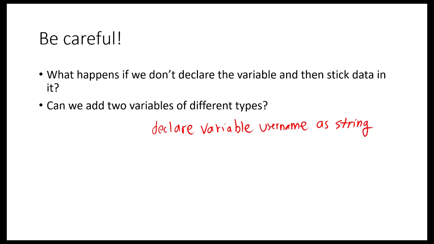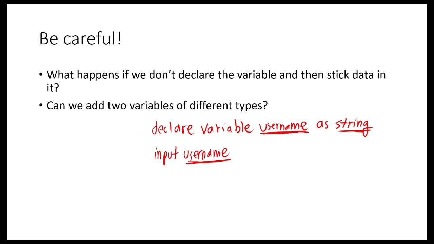So I'm just writing pseudocode here that doesn't necessarily apply to any language, but basically I've told the computer that I want to make a variable called username, and it's going to be a string, and then I will just do input username. So now we're asking the user to input some data, and we're going to store it in the username variable.